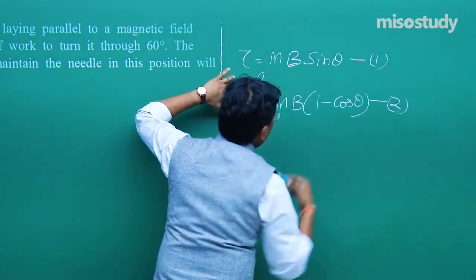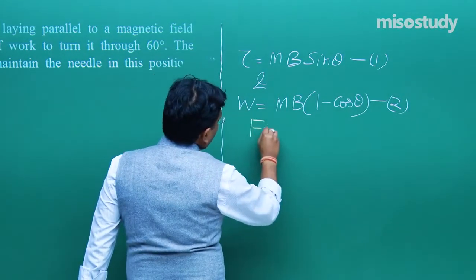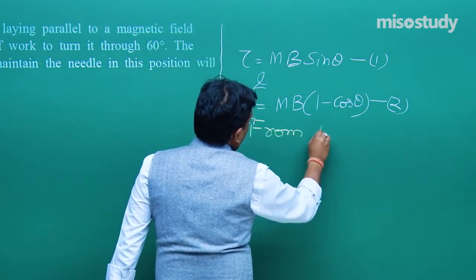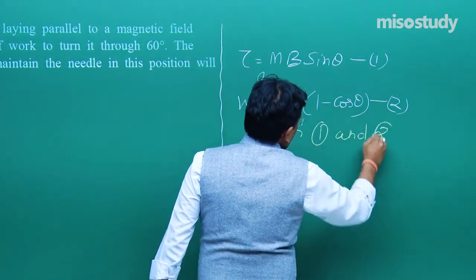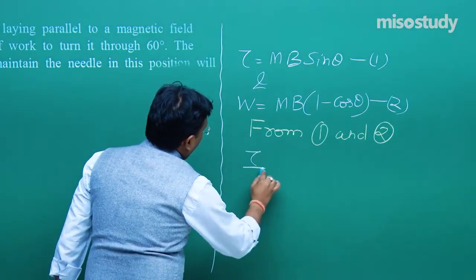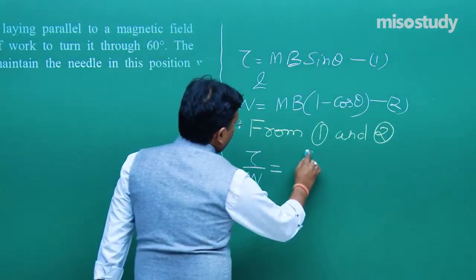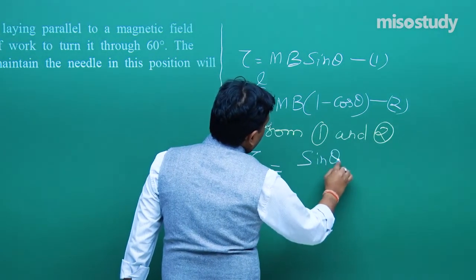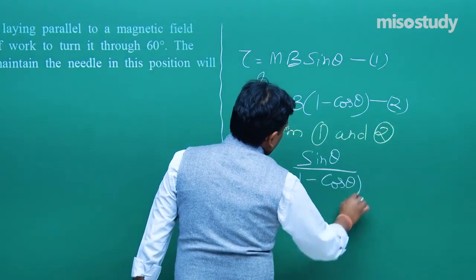Now everyone can understand it. Then from 1 and 2, tau by w is equal to sine theta upon 1 minus cos theta.